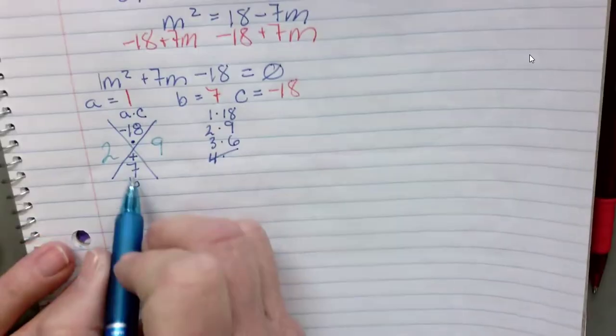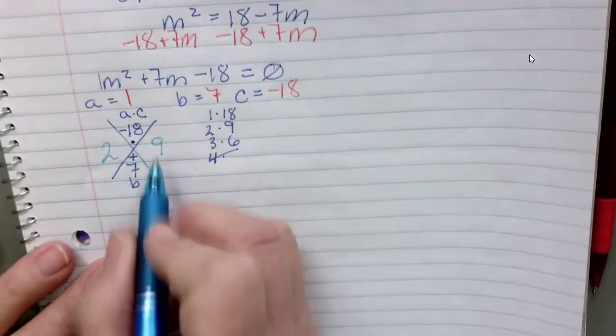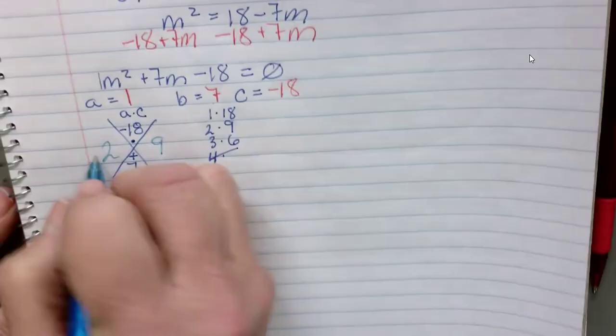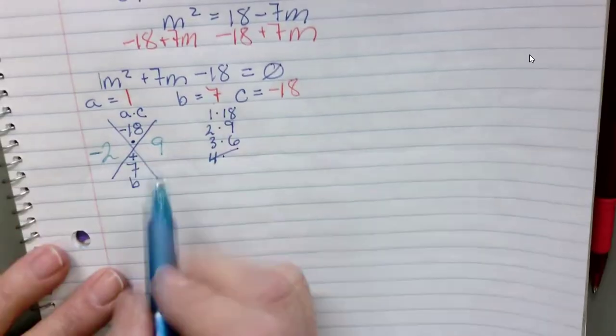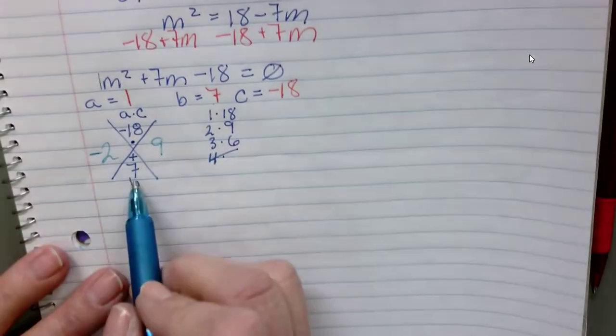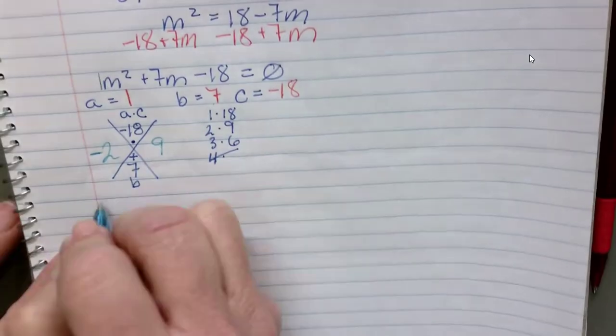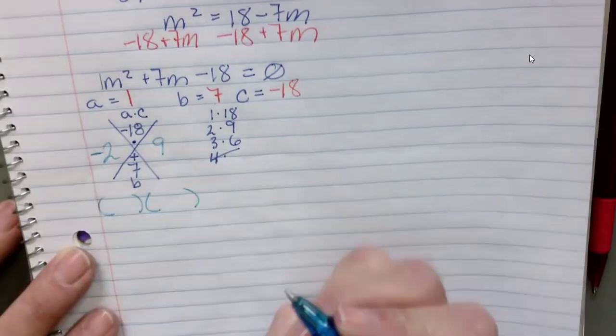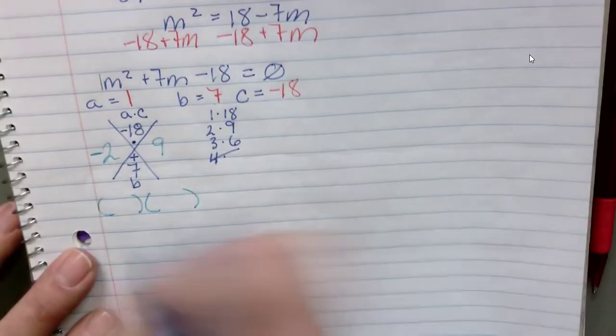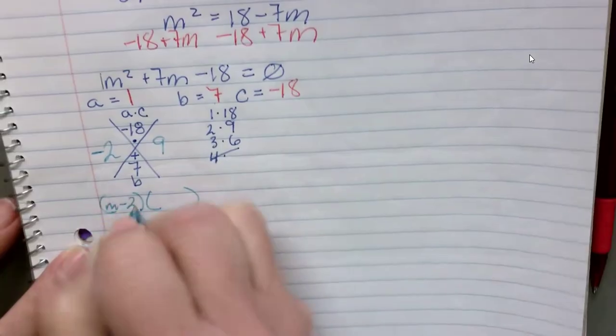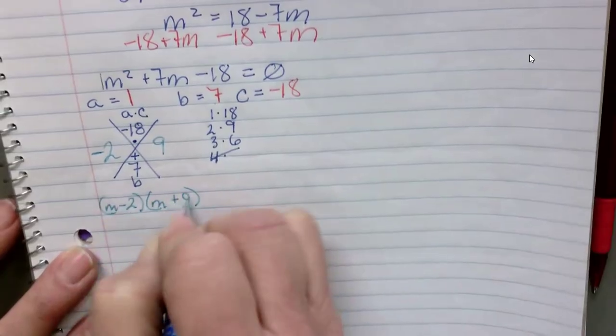But I want a positive 7. So I'm going to leave the 9 as my positive, and I'm going to make 2 negative because 9 minus 2 is a positive 7. Negative 2 times 9 is negative 18. And then we put them in our beautiful parentheses here. So we get m minus 2 or m plus 9.